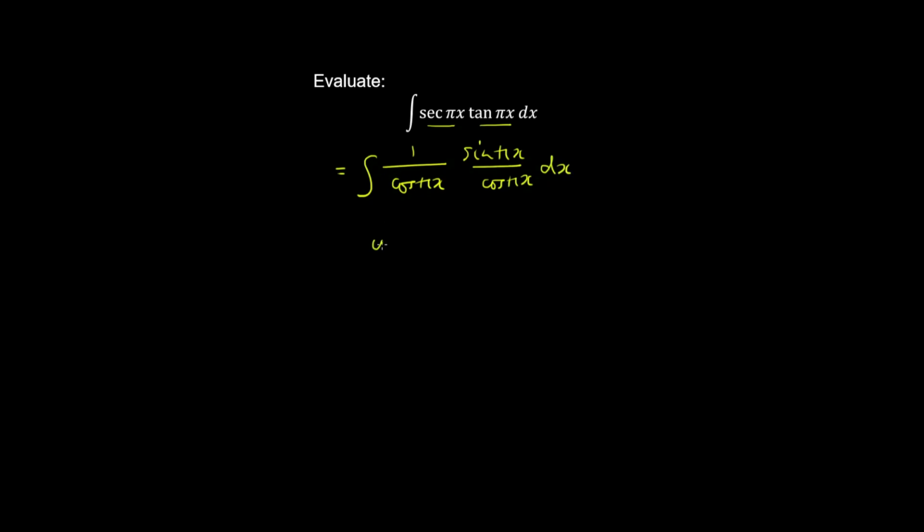So now we can set u equal cosine pi x, then du is equal to minus pi sine pi x dx. And therefore we can rewrite this integral as sine pi x dx, which is minus 1 on pi du, and u equals cosine pi x. So what we have is cosine pi x squared, so therefore we can write u squared.